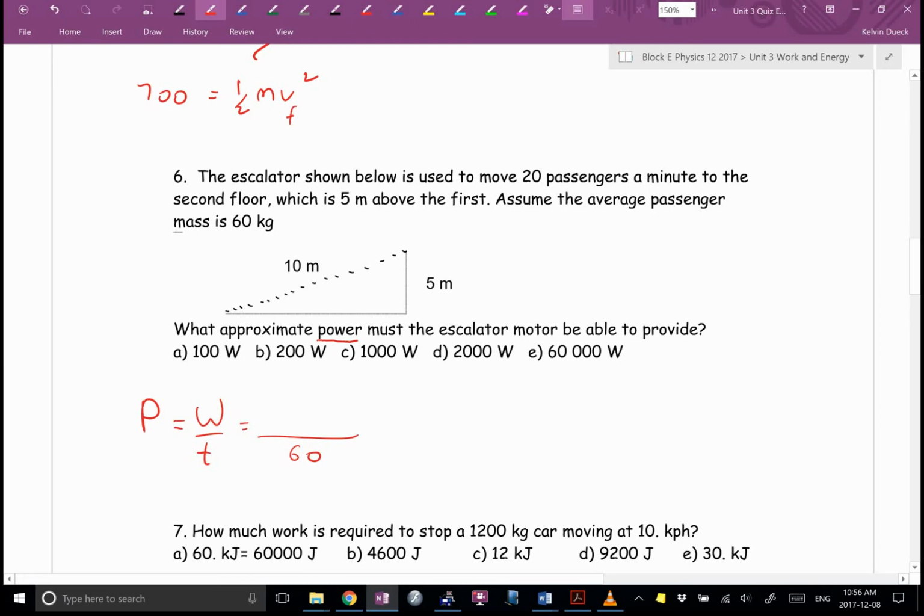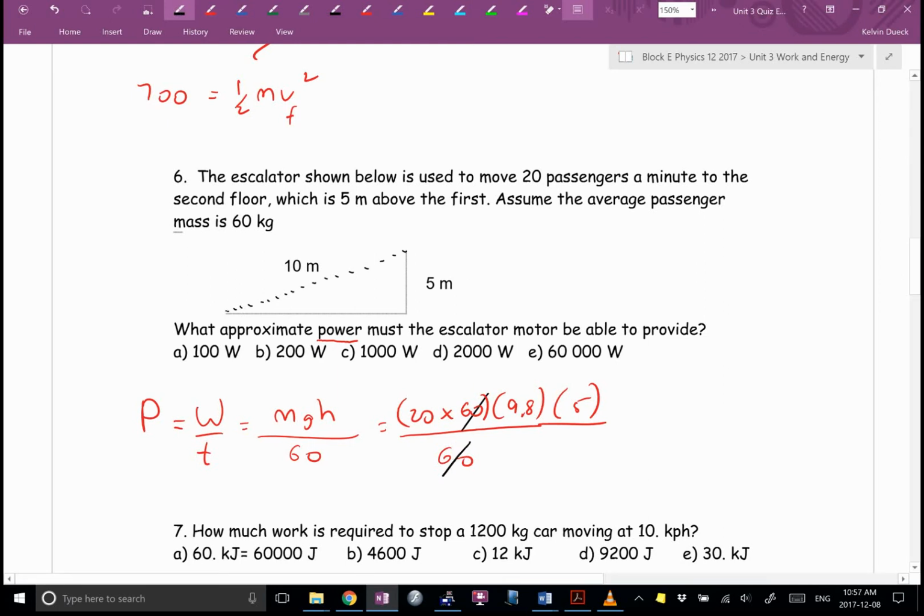What's the work when you're lifting an object? How do we calculate that? MGH. So it's going to be over 60. What's the mass? Well, it's 20 people and 60 kilograms each on average. G is 9.8. The height is 5. Believe it or not, Taylor, that 60 and that 60 end up canceling, and I get 100 times 9.8.